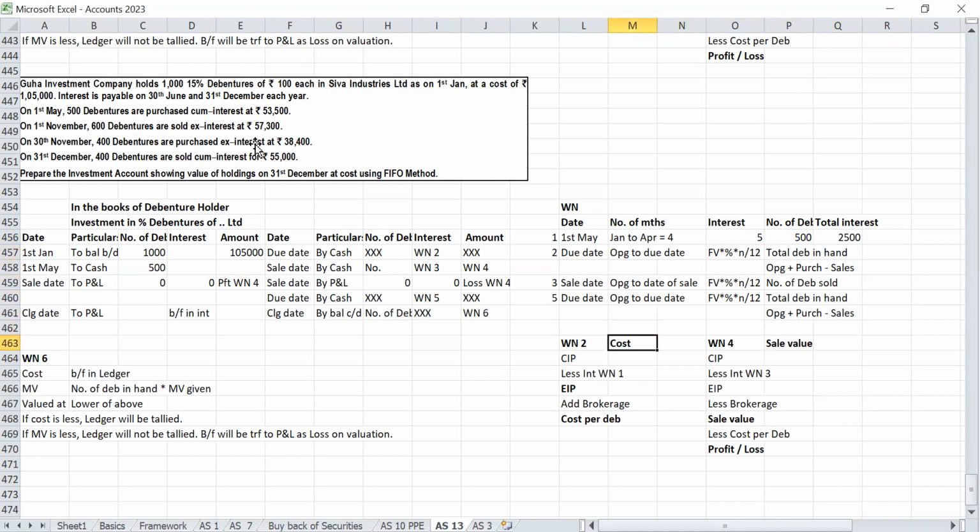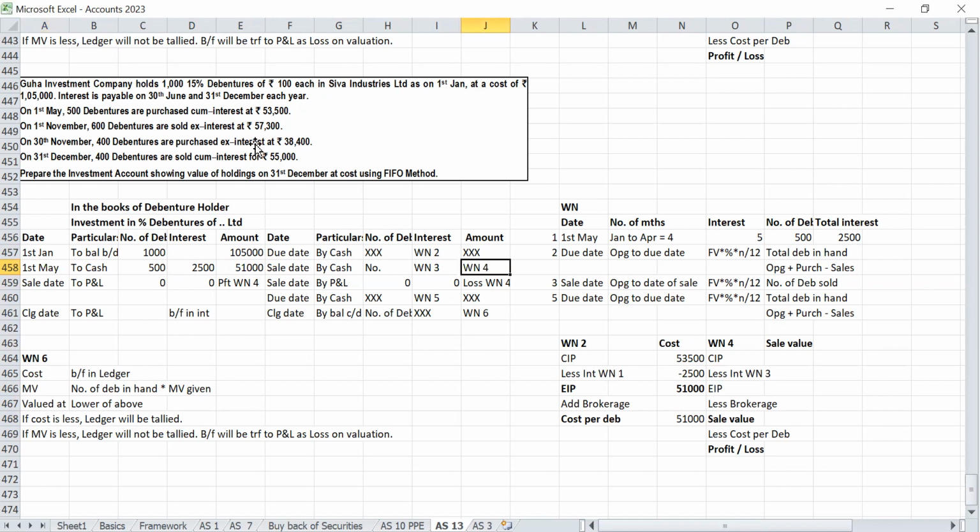Then cum interest price: cum interest was 53,500, less interest 2,500. So 51,000. Brokerage not given. So amount column 51,000, and 2,500 interest. So total of 53,500 paid. First May over.